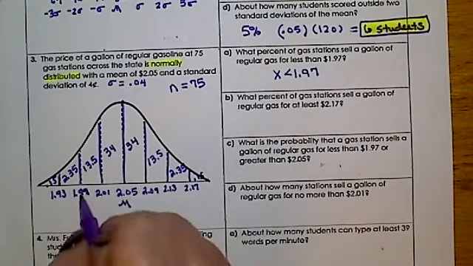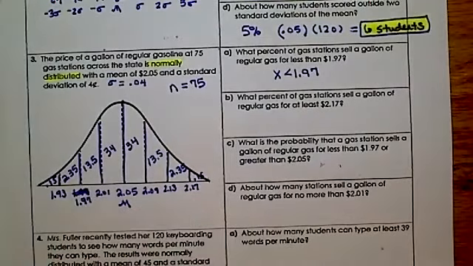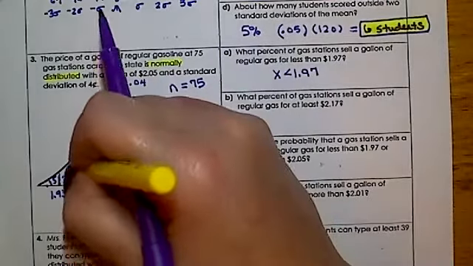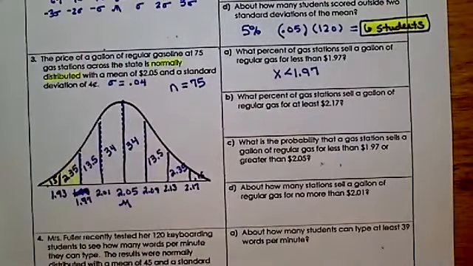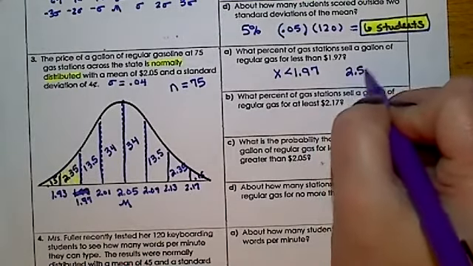It looks like 1.99. Fix that. Okay, so we're going to do less than that. So that would be 2.5%.